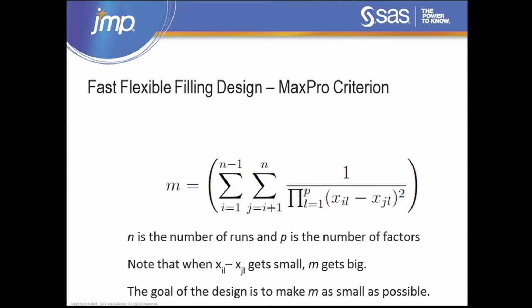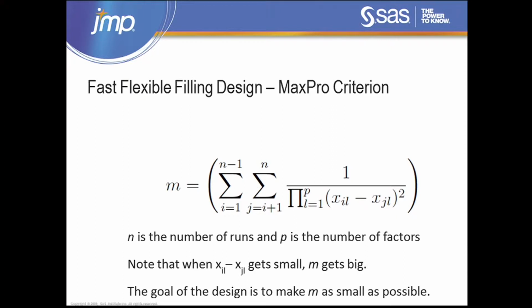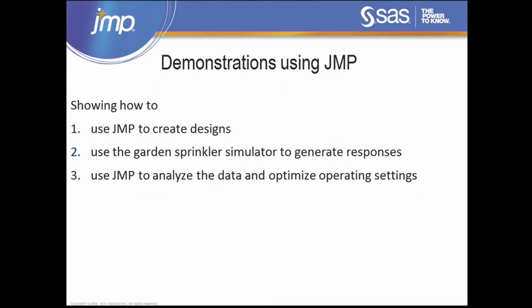So this MaxPro criterion, I think, is a real breakthrough, particularly in terms of the computation time to generate designs using this. So here are the optimal settings using the fast flexible design for this garden sprinkler application.